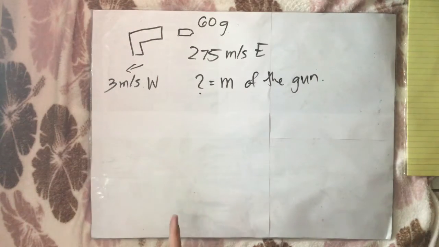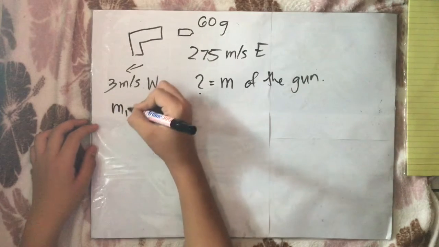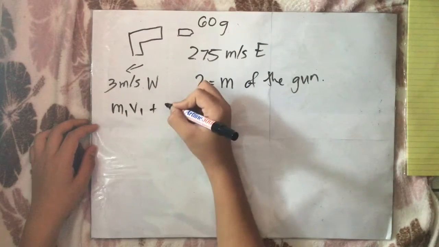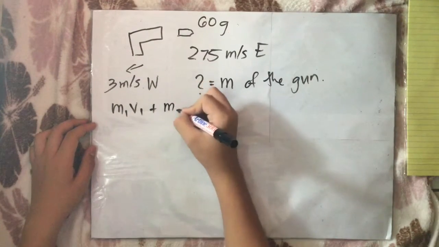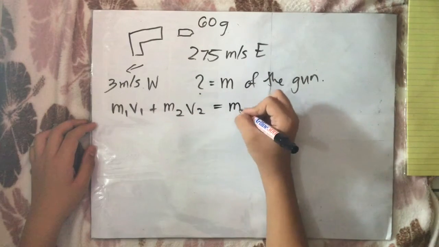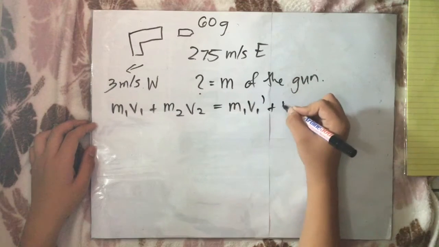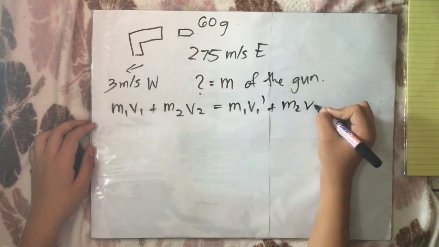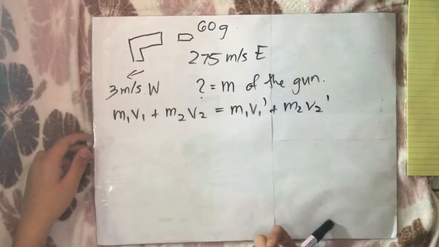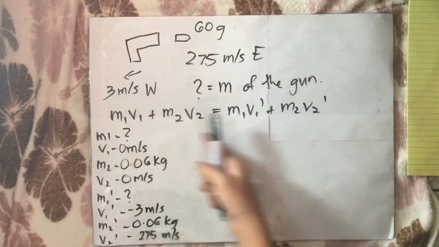So using the formula M1V1 plus M2V2 is equal to mass 1 velocity 1 after plus mass 2 velocity 2 after, we will just substitute all the values in this formula.